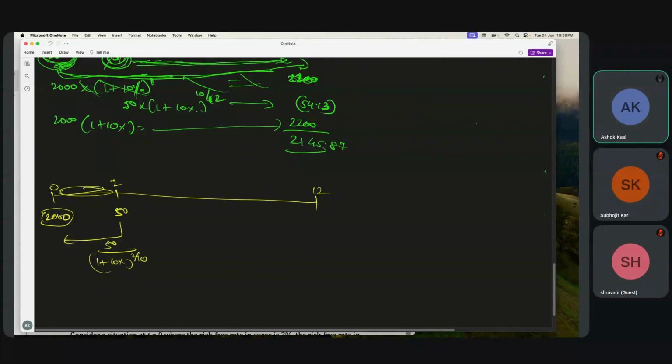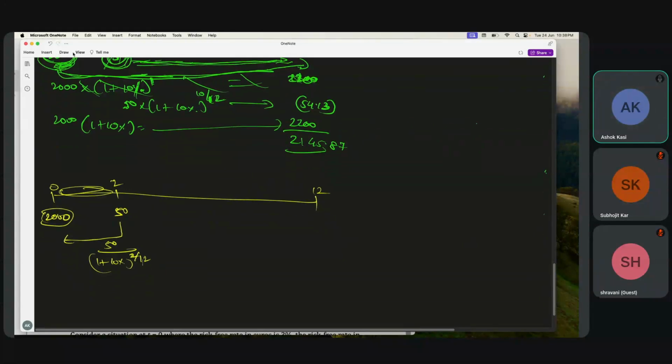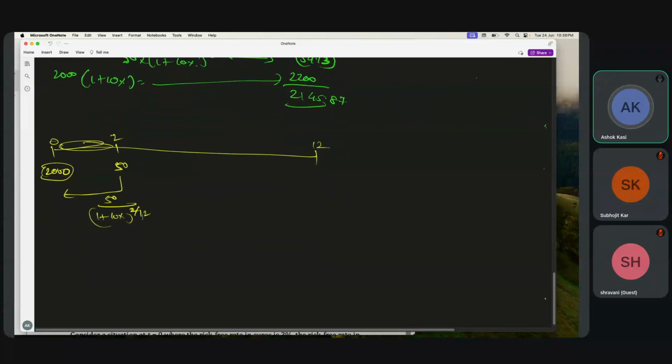Just calculate this. It's 49.2120. So this amount we are going to reduce.